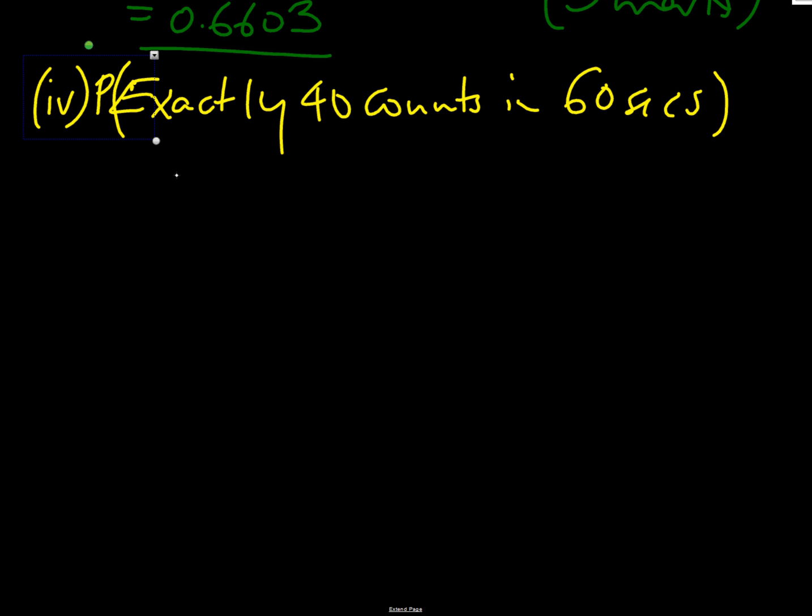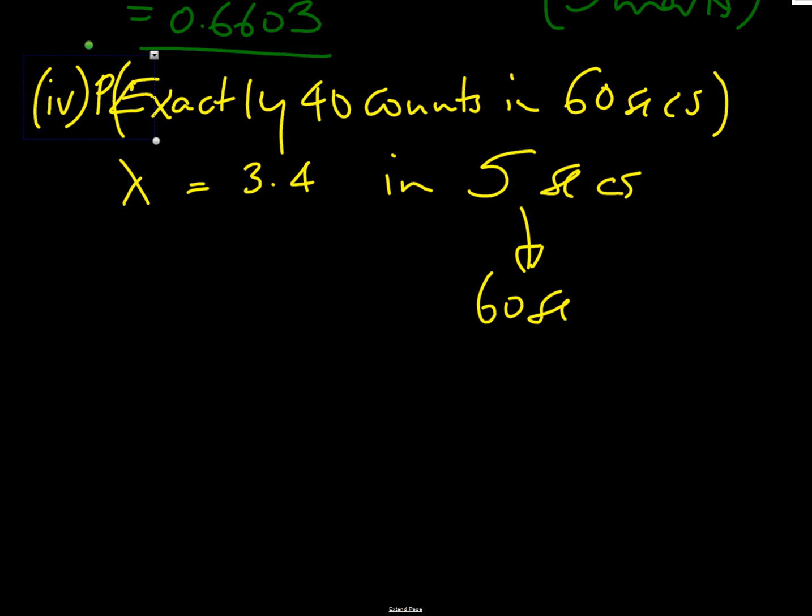So what do we know? Our lambda before was 3.4 in 5 seconds. Now we're going out to 60 seconds, so we've got to multiply by 12. So our lambda is going to be multiplied by 12 as well, and we end up with 3.4 times 12 is 40.8.